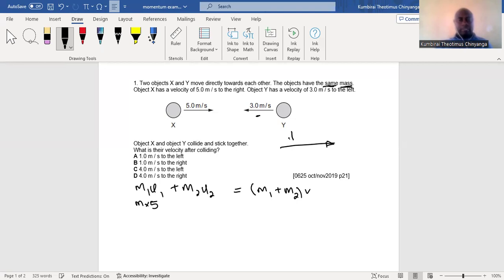Let's indicate direction to the right as positive. And when we do that, it means the object Y has a velocity of -3. So this simplifies to 5m minus 3m equals 2mv.